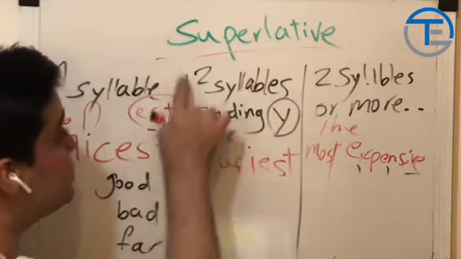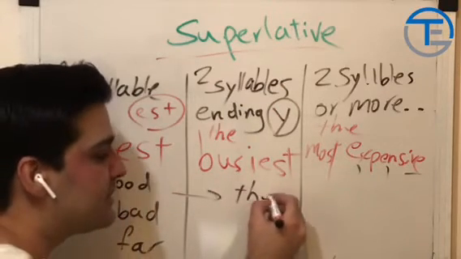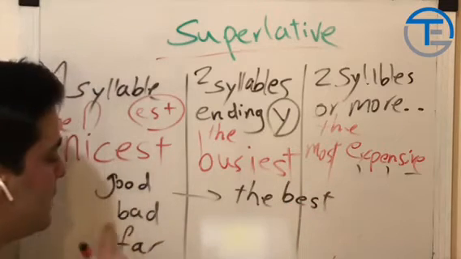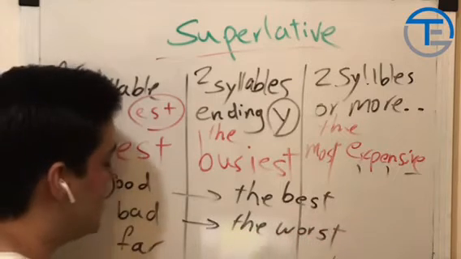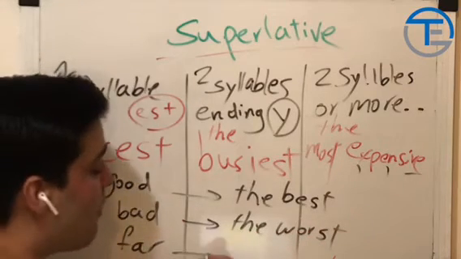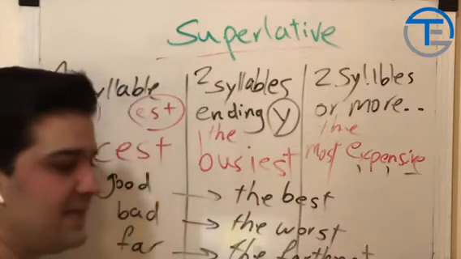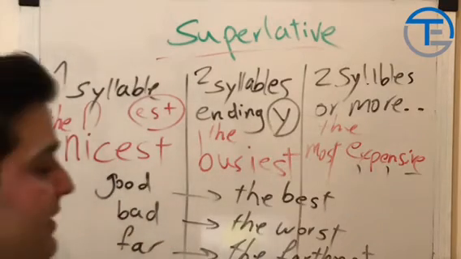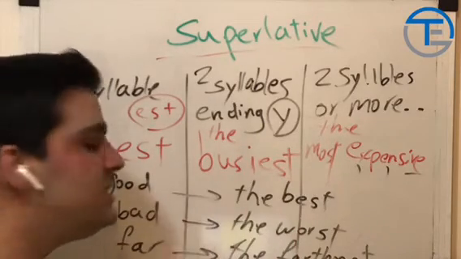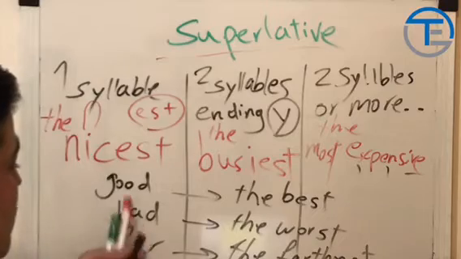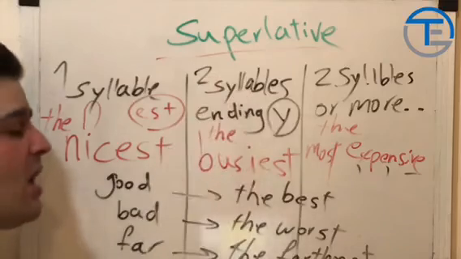The superlative adjective for good is the best. For bad, the worst. For far, the farthest. So you have to memorize the superlatives for these and the other irregular adjectives.